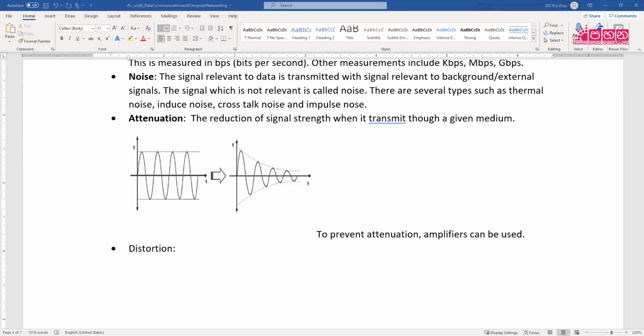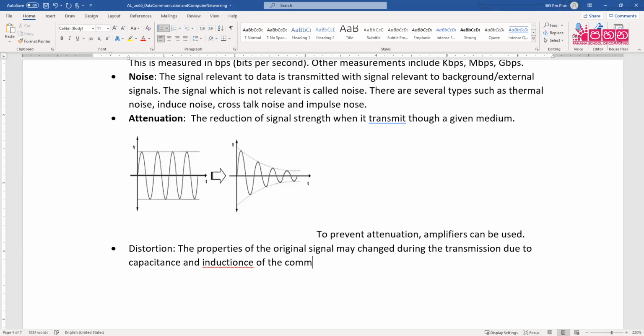So simply, distortion means that the properties of the original signal may change during transmission due to capacitance and inductance of the communication medium.